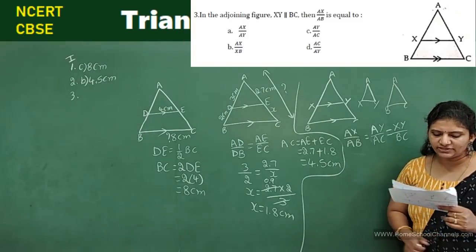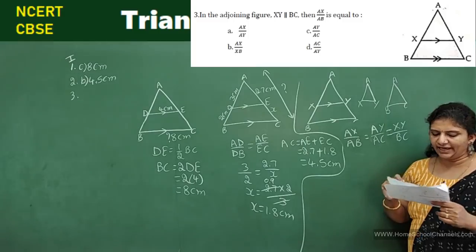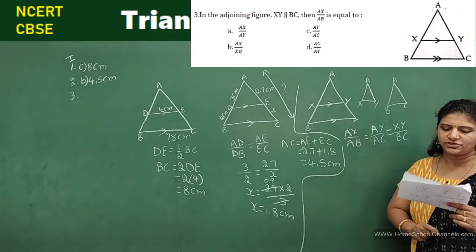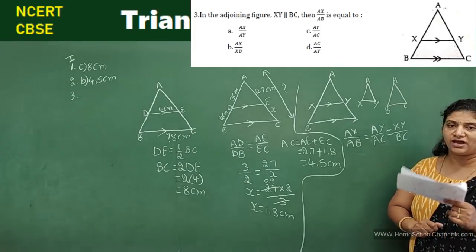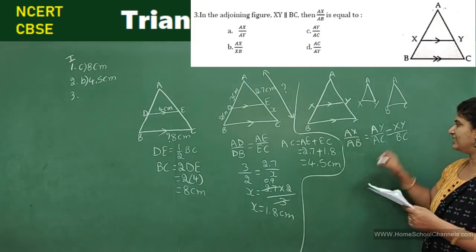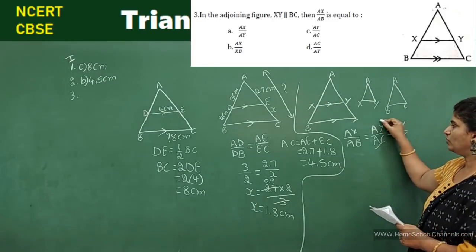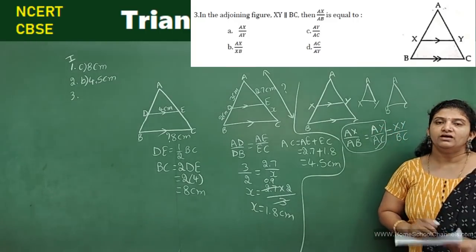Let us check the options here. AX by AB is equal to option A, AX by AY. Do you have that here? No. Option B, AX by XB. No. AY by AC. Yes. Option C, AY by AC you have. So AX by AB is equal to AY by AC.